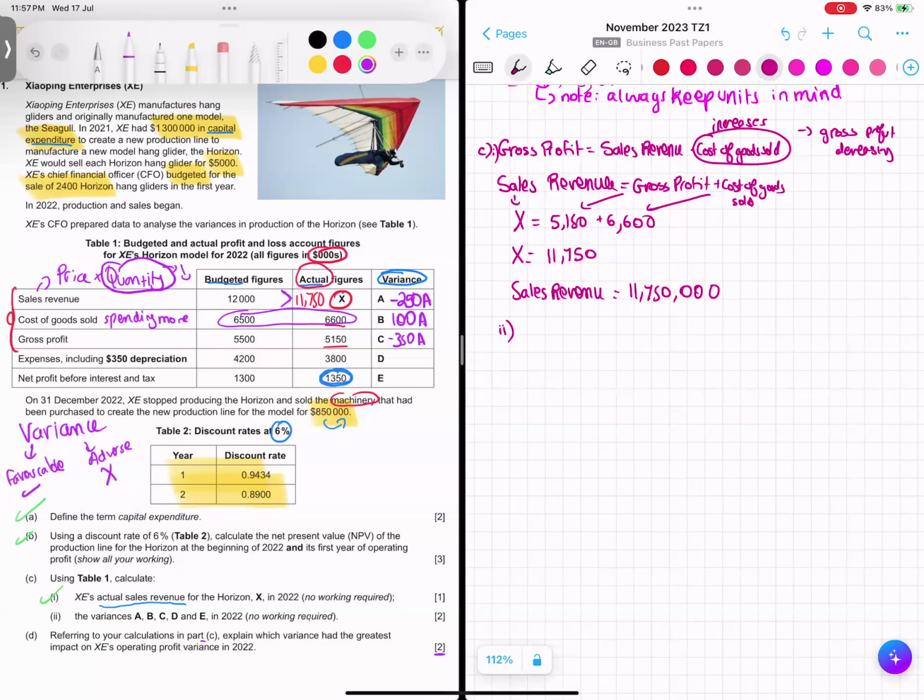In both cases, it's bad. But in this case, it's even worse because sales revenue has decreased and cost of goods sold has increased. And this is very evident because minus 250 and 100 will lead to the minus 350 result. You get what I mean? Okay. And then we are going to continue.